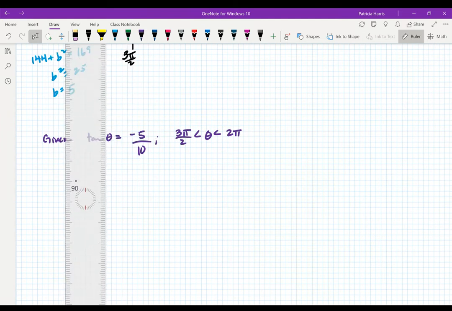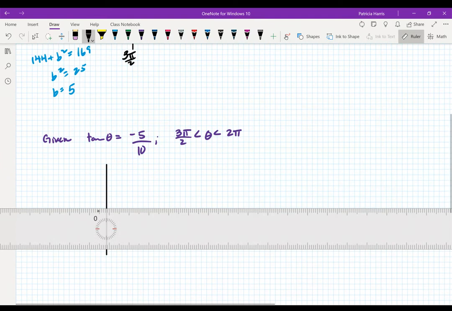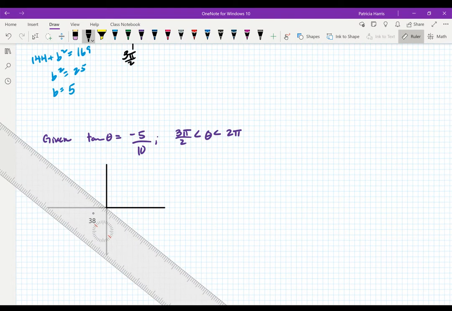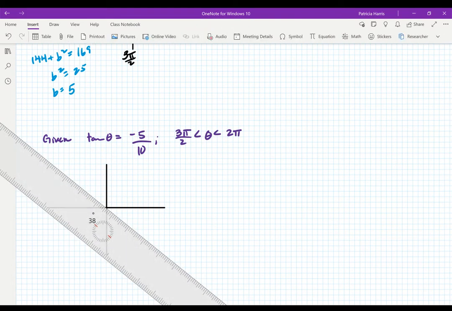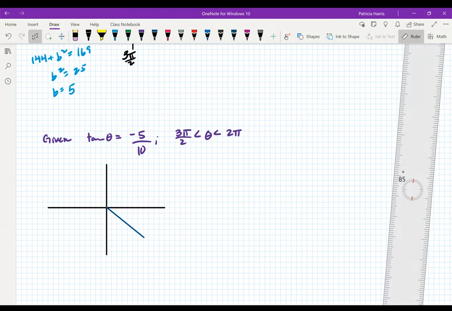Okay, you will find that I am big into pictures for this particular chapter, because I find it easier. So if I'm in the 4th quadrant, my angle starts here, goes all the way around, lands in the 4th quadrant, that's theta.